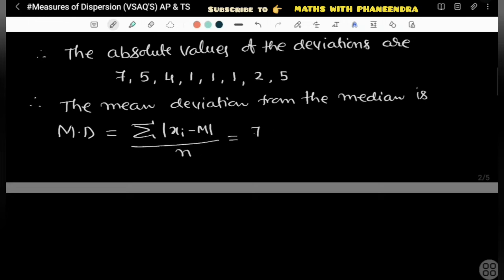So 7 plus 5 plus 4 plus 1 plus 1 plus 1 plus 2 plus 5 divided by the number of observations, 8.